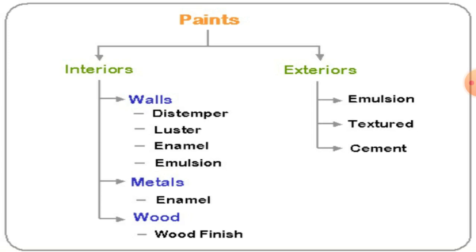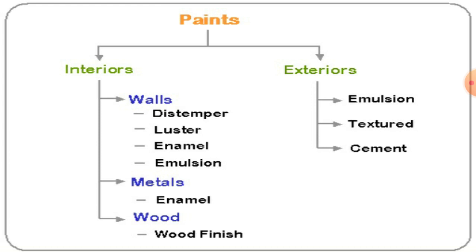Here are the two main types of paints: interior paints and exterior paints. Interior paints are applied onto walls, metals, or woods. On walls, it includes distempers, lusters, enamels, and emulsion paints.